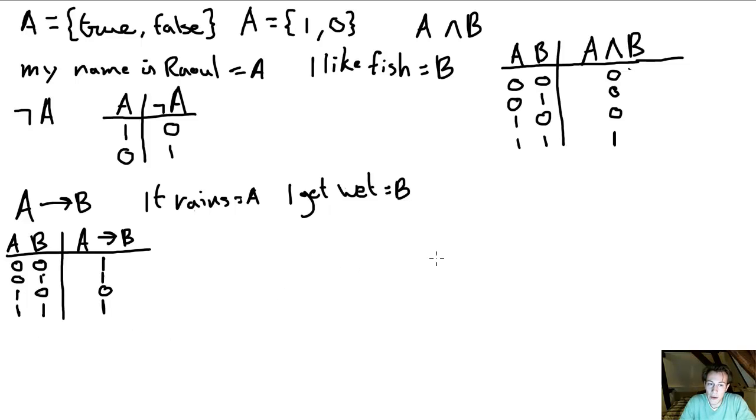So now we got the and, the if-then. We're still missing the or. So we're just going to scratch this one out, and we're going back to my name is Raoul and I like fish.